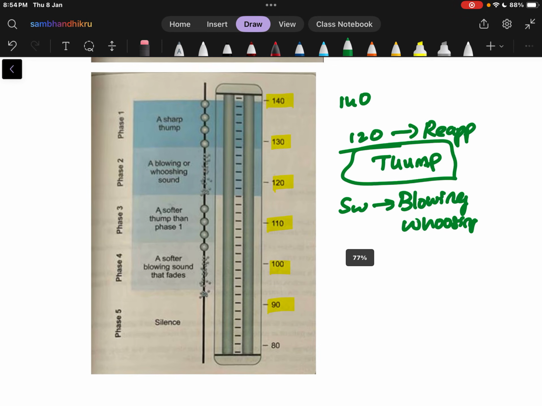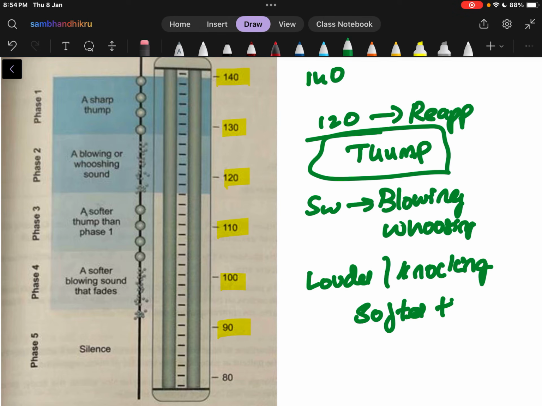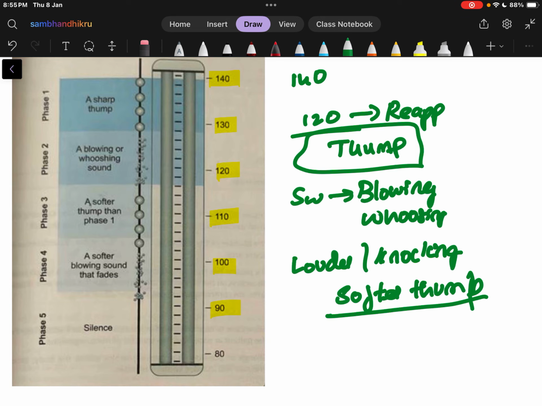In the third one, what we can say is louder knocking, but a softer thump. As I said, it will be a softer thump; don't write thumb, write thump.